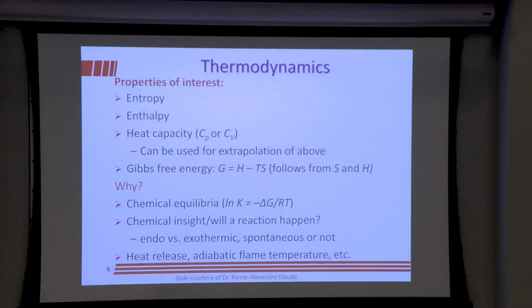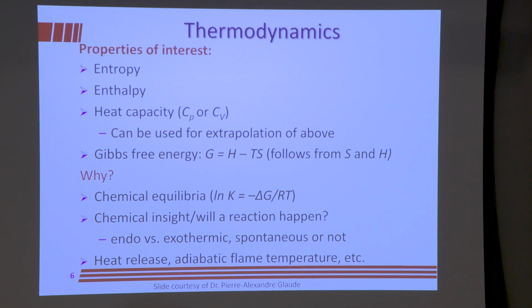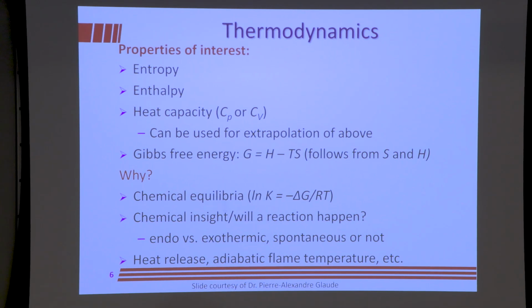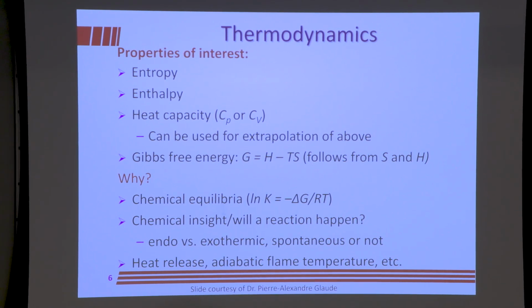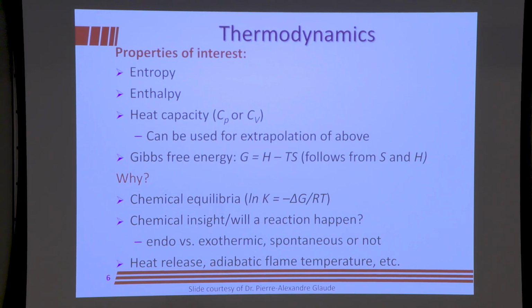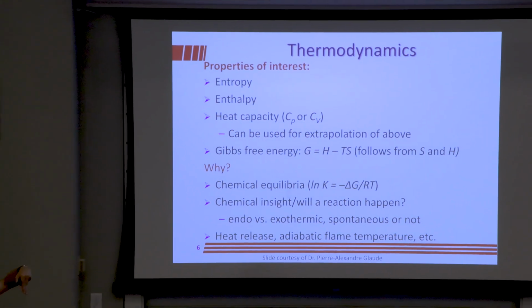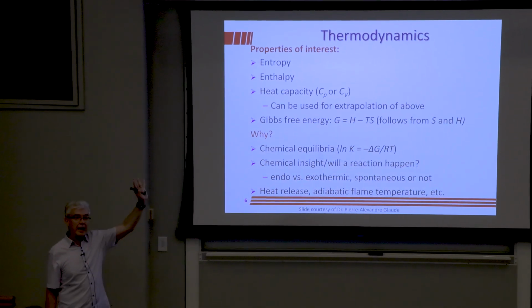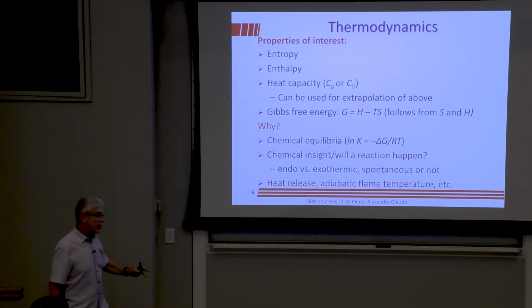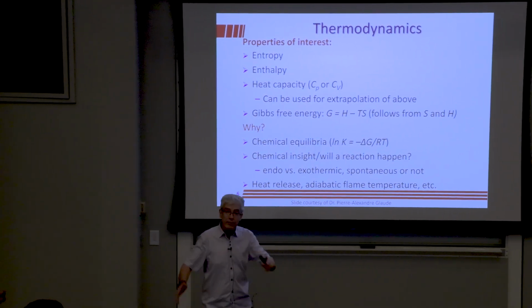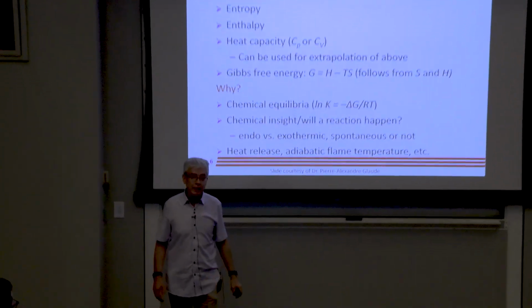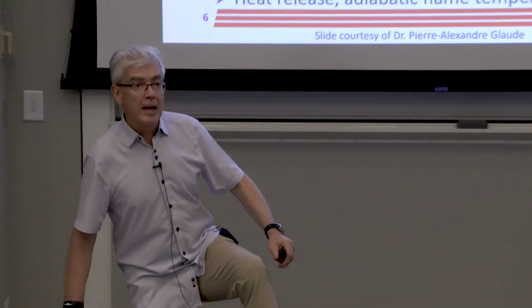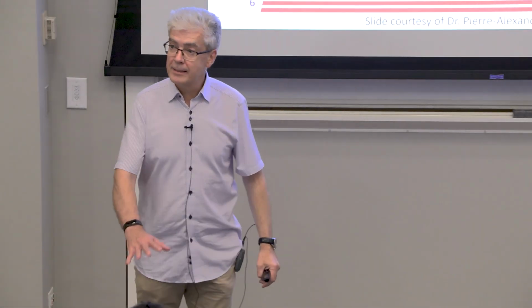Well, if we look at this term, if H is negative, how would H be negative? If we were at the top of a slope and we were going downhill, H would be negative. How is H positive? H is positive if we have a positive slope, or if I want to go from here to the back of the theater, I have to climb up on the desk here.